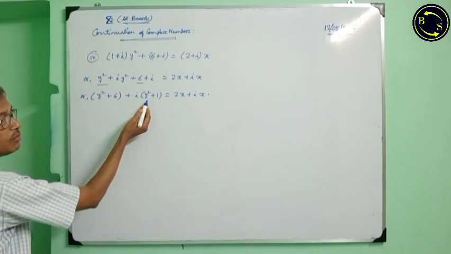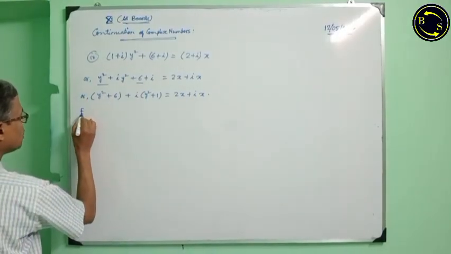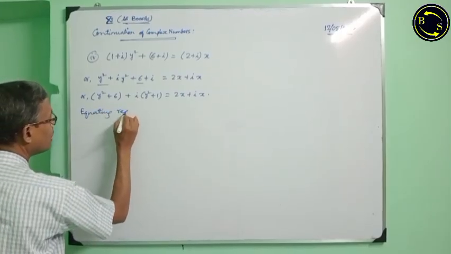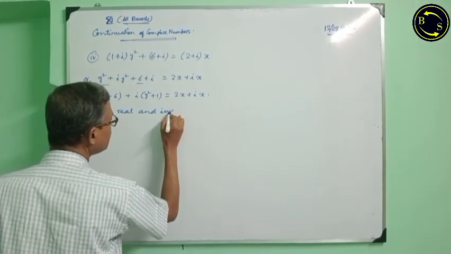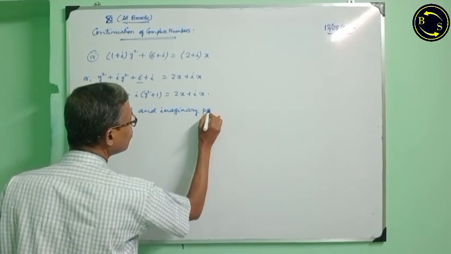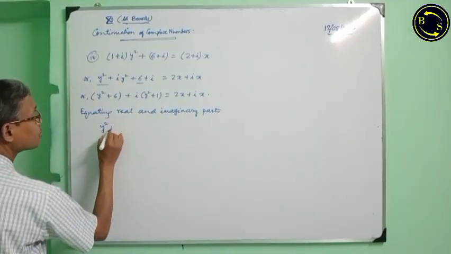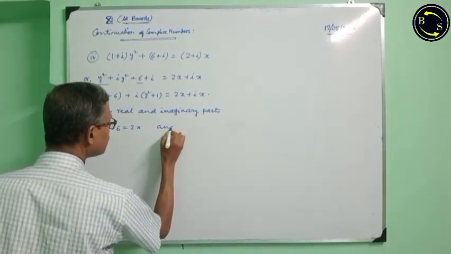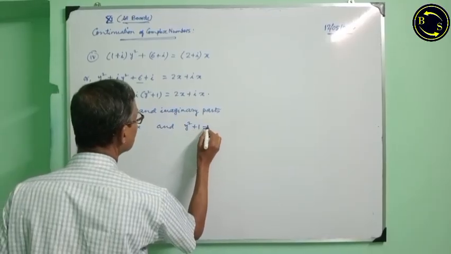In the form a plus ib, this one is also in the form a plus ib, equating real and imaginary parts. y square plus 6 is equal to 2x and y square plus 1 equal to x.